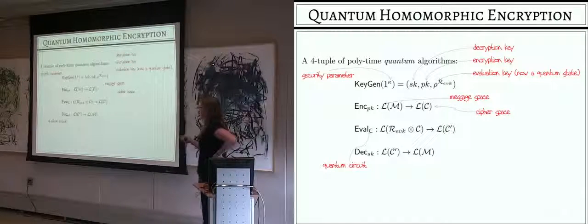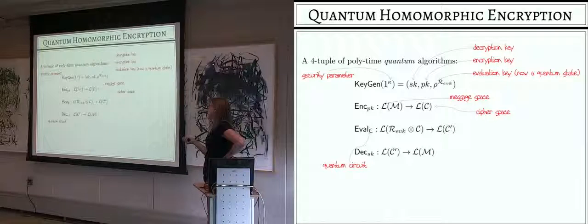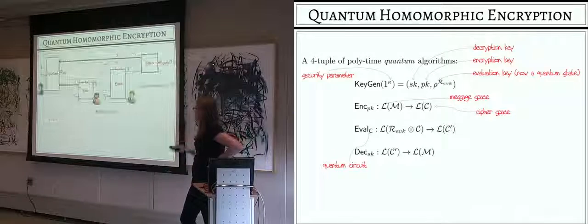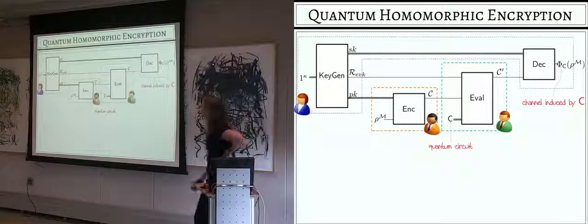Our encryption is just some quantum algorithm which maps some message space to some cipher space. The evaluation is going to take a quantum evaluation key and some cipher state and map it to possibly a different cipher space. And then decryption will just map something in this space back to the message space. And these fit together in the same way as before.